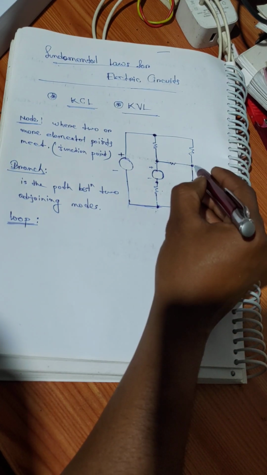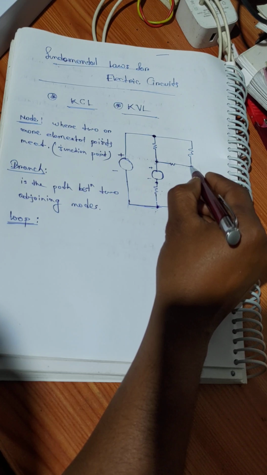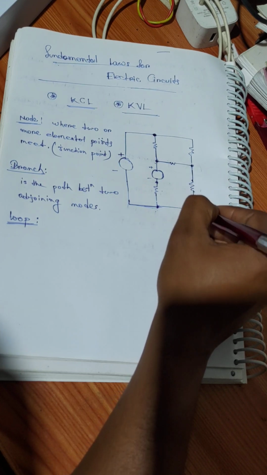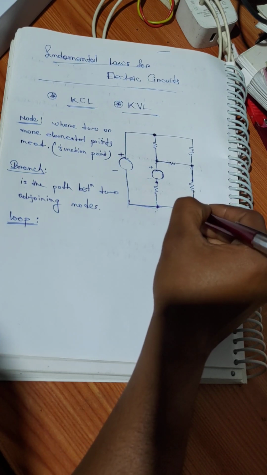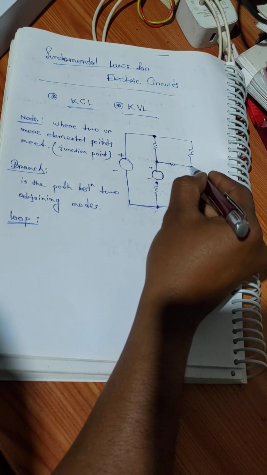Suppose from this node if you start, it will go through this, and again we will come to this point.